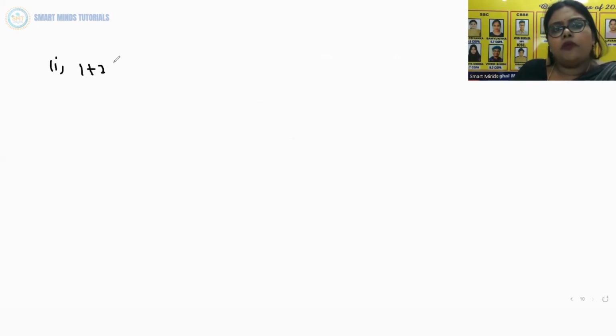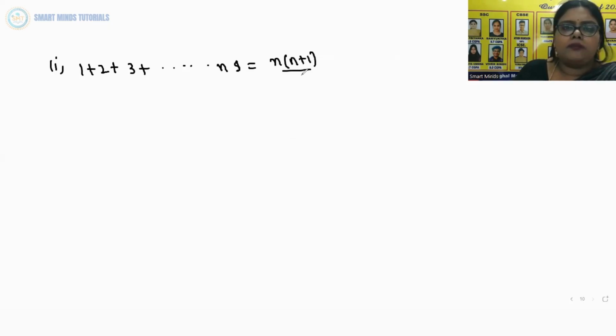If you have the sum of n terms, like 1 plus 2 plus 3 plus so on up to n terms, then the formula is n into n plus 1 by 2.